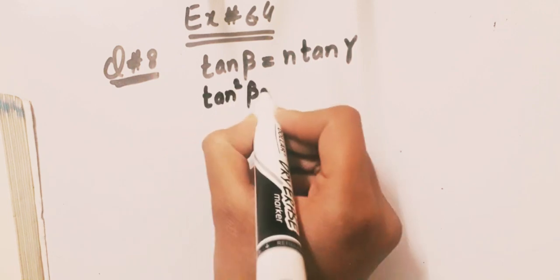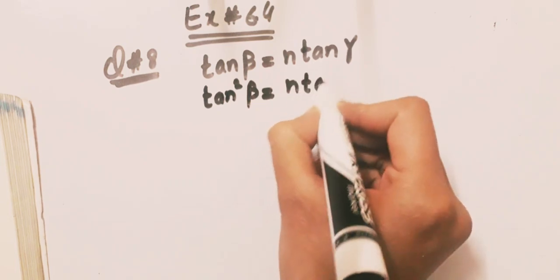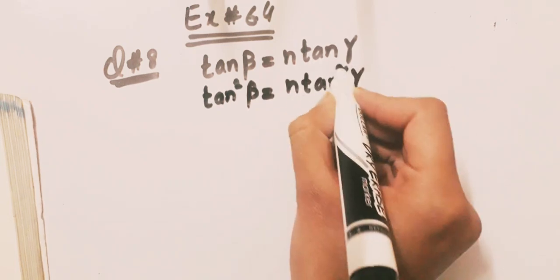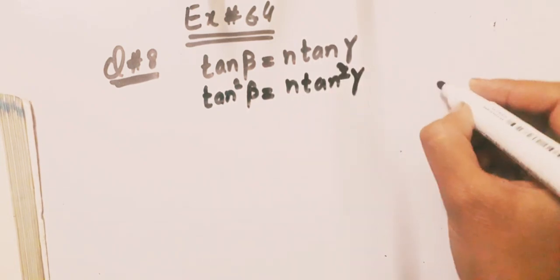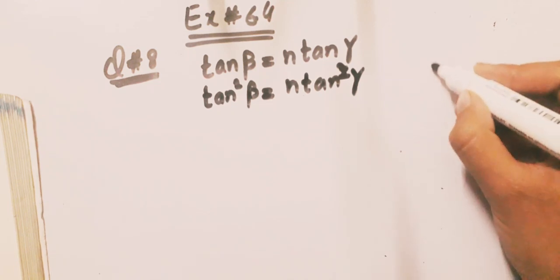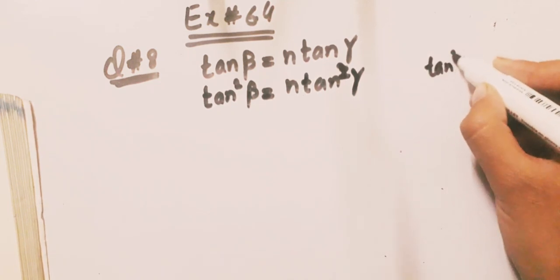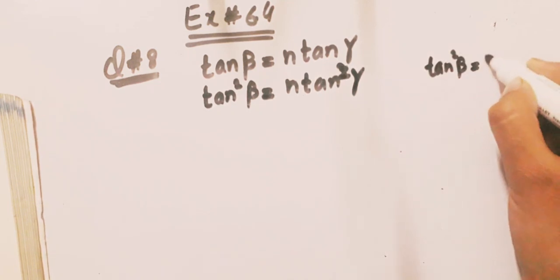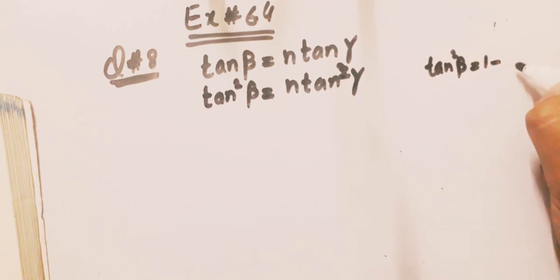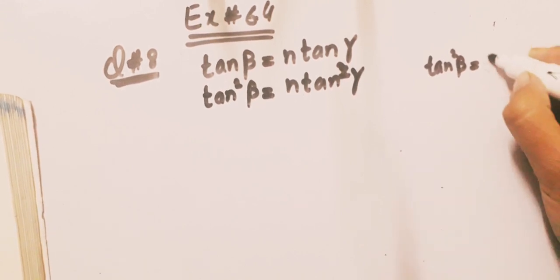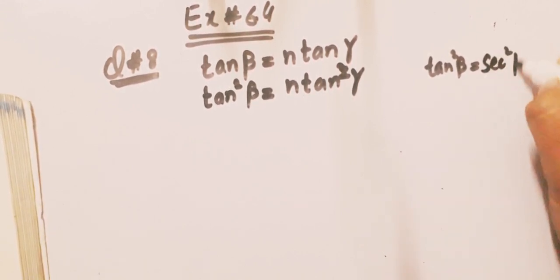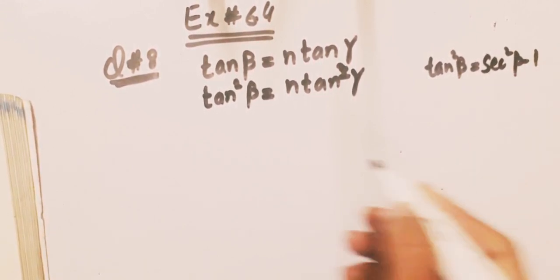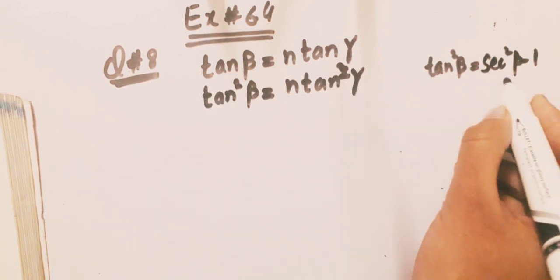Tan square beta is equal to n square tan square gamma. Now you know that tan square beta is equal to secant square beta minus 1. You have to convert this in secant.